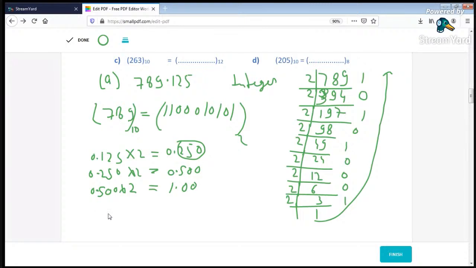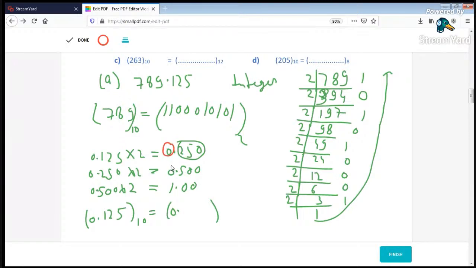So what is the final answer for this fraction value? 0.125 converted into base 2: because this is a fractional value, we convert the fraction into binary. You apply the multiplication for the decimal point, then from top to bottom you note down all the integer values. What are the integer values here?